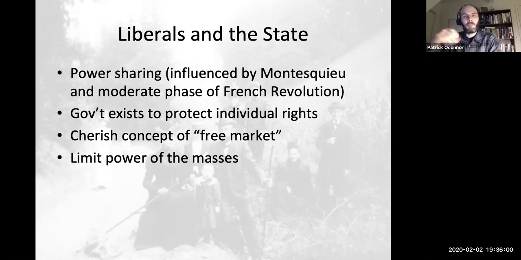And so most liberal states in this period have some form of property requirements on voting. So there are elections, but most men are barred from those elections. All women are barred from those elections. People of color are barred from the elections. And we talked about this a little bit a couple of weeks ago as well.